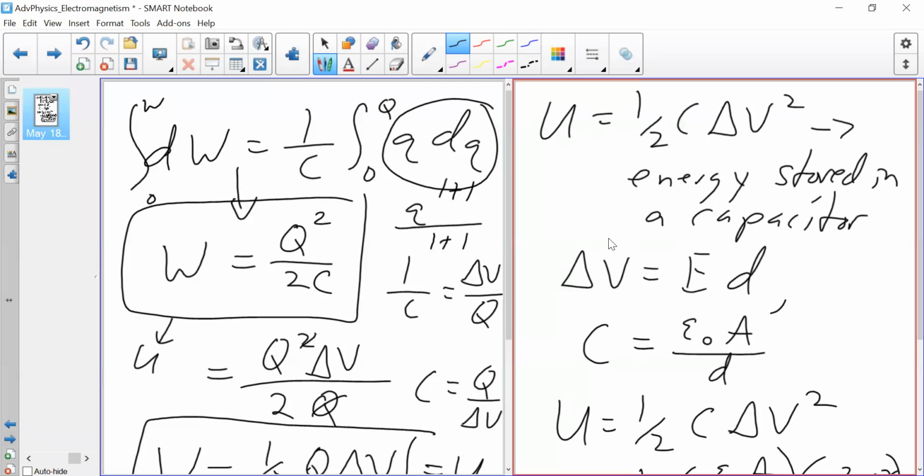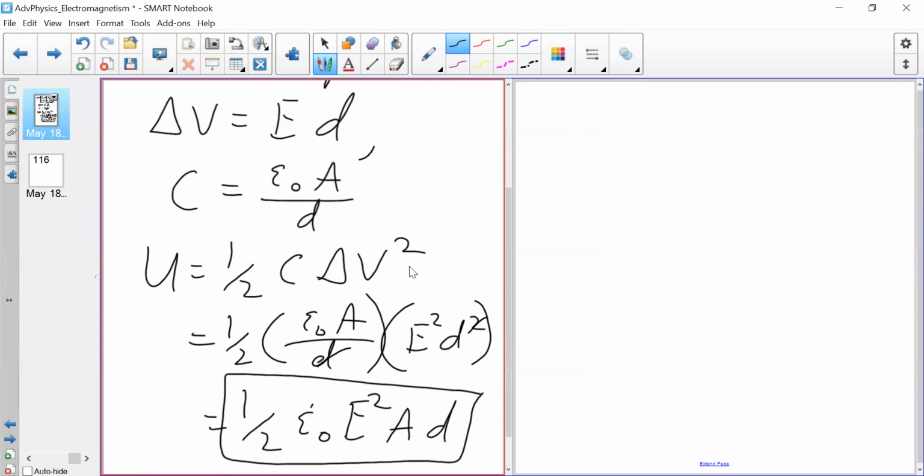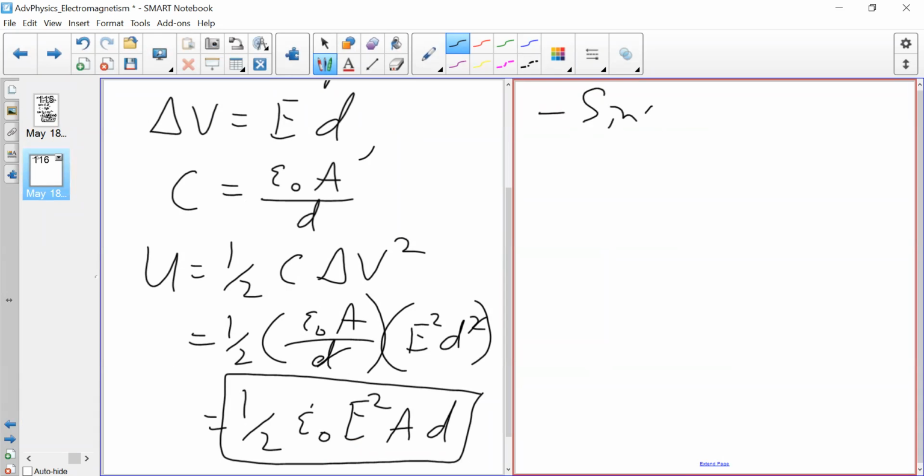One last thing with this expression. Since volume is V equals A times D. Now, this is like a physicist playground. Now you get an expression, so can I express it even further?